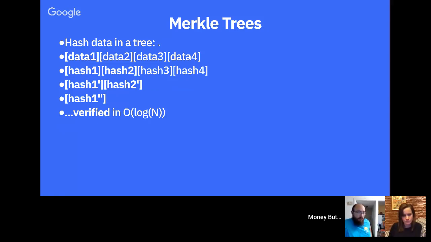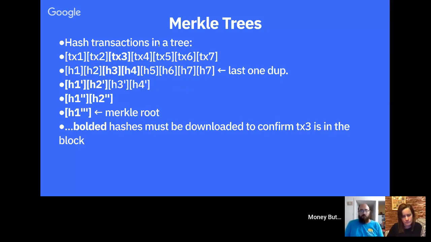It scales as O(log n), where n is the number of pieces of data, which is a very good scaling property. So this is used inside blocks because we want to be able to see if my transaction is in a block without necessarily having to download the entire block. So I simply need my transaction, and then I need the hashes of my own transaction and other hashes around it up the tree all the way to the Merkle root.